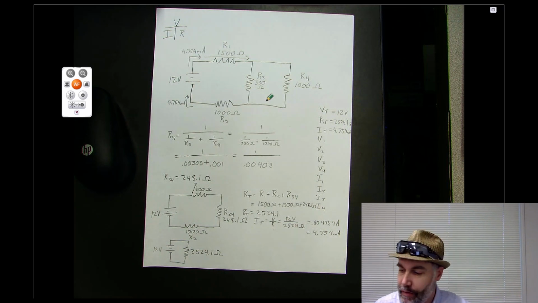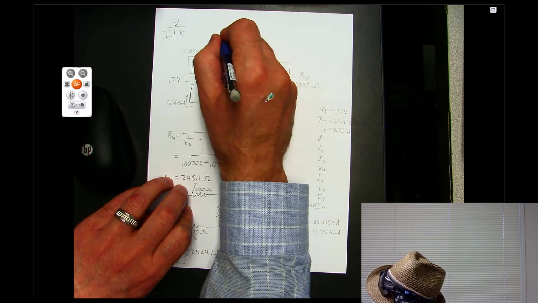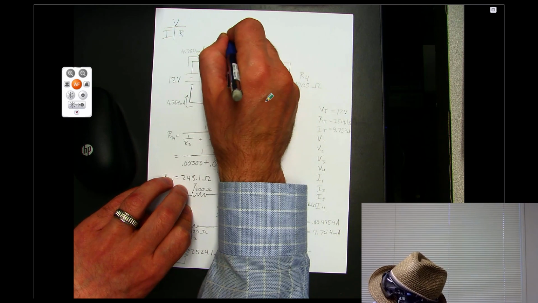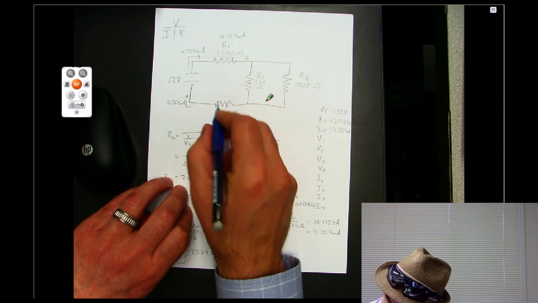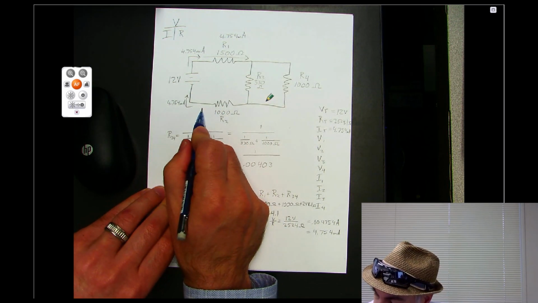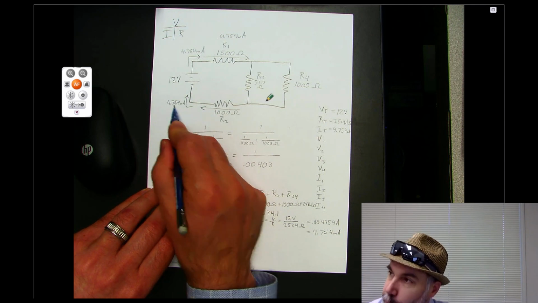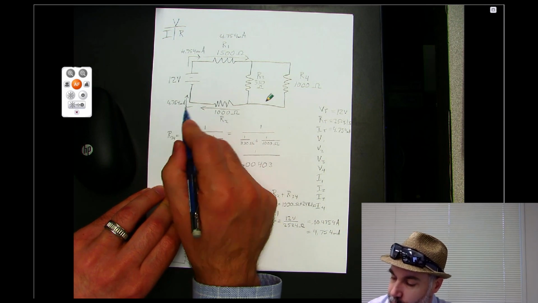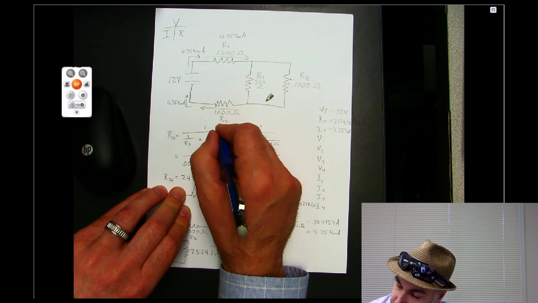4.75. Yeah. So that's 4.754 milliamps flowing through there. And the same thing down here. We know that we have to have 4.754 milliamps coming out of this resistor. So there has to be that much current flowing through it.